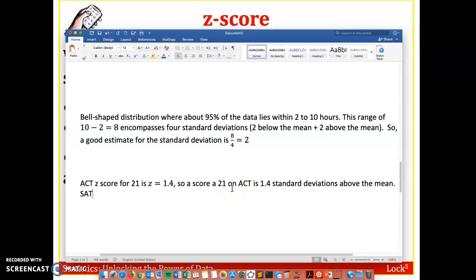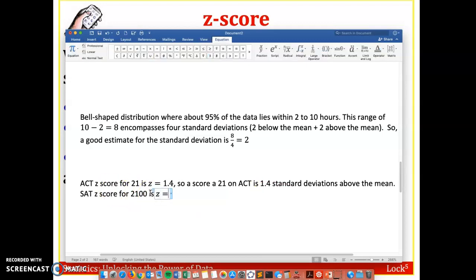And the SAT z-score for 2100 is z equals 1.85.